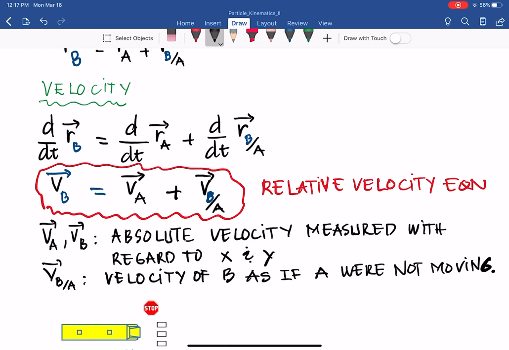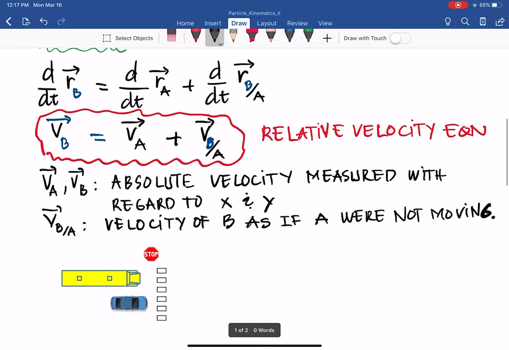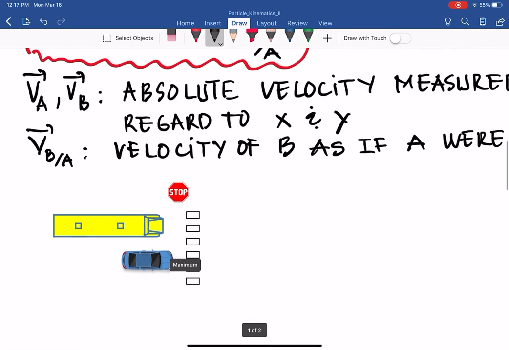So you have the relative velocity equation, VB equals VA plus VB relative to A, or if you talk about the velocity of A relative to B, then you have VA equals VB plus VA relative to B. So with that equation, I want to apply it to the example that I stated earlier.